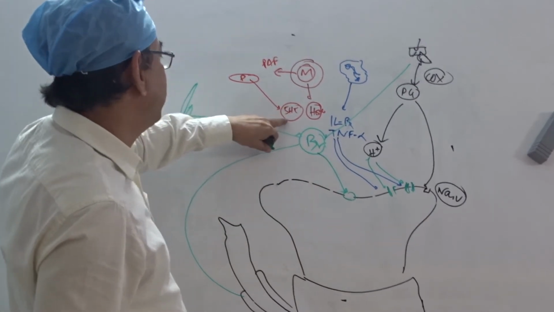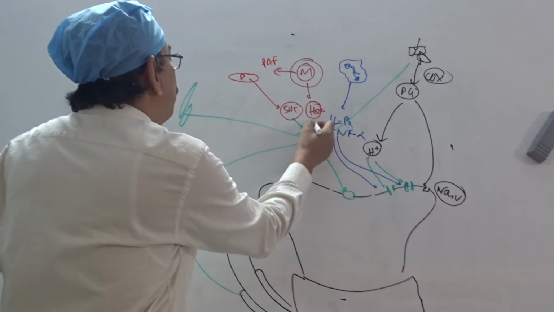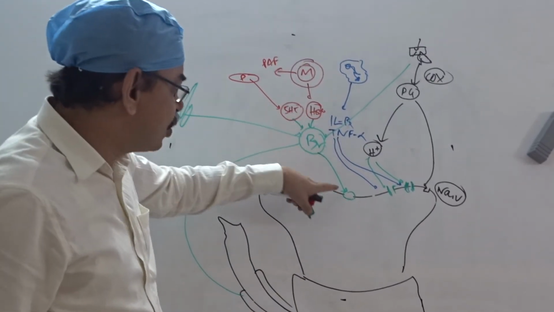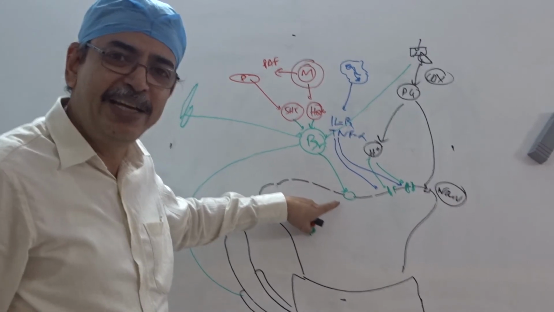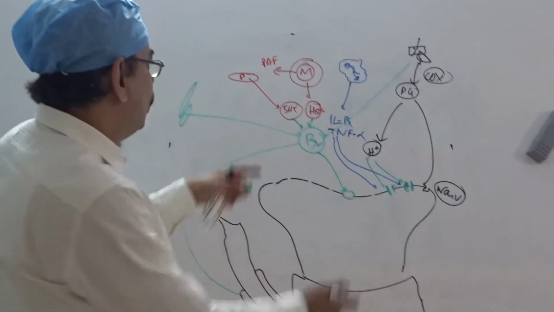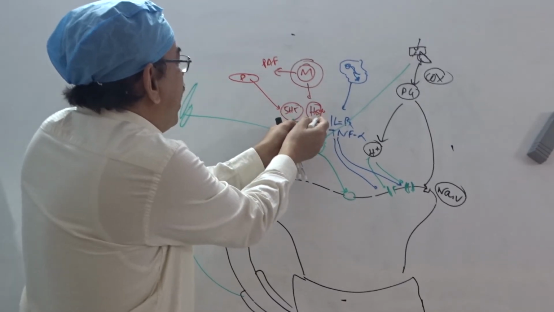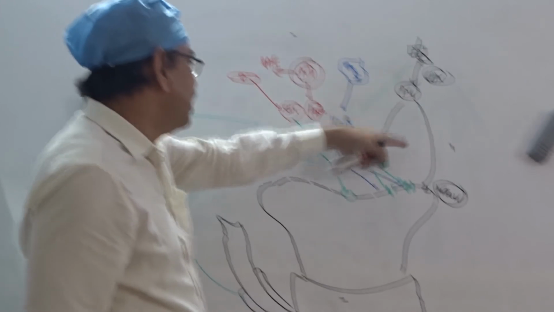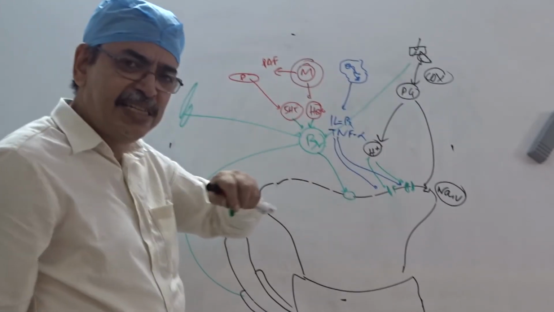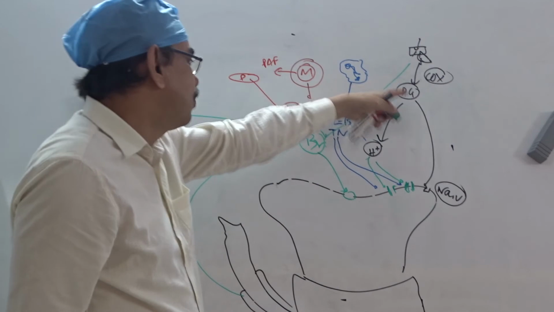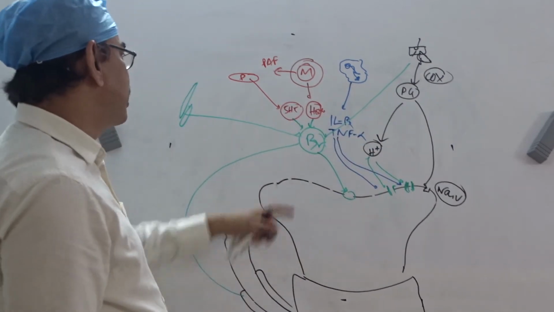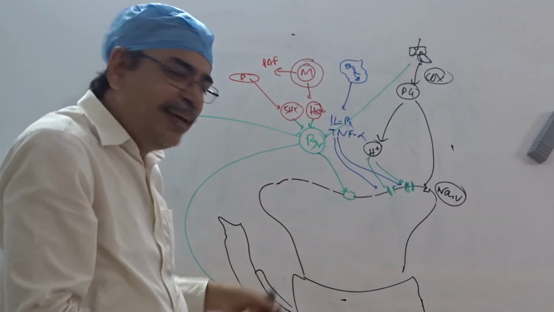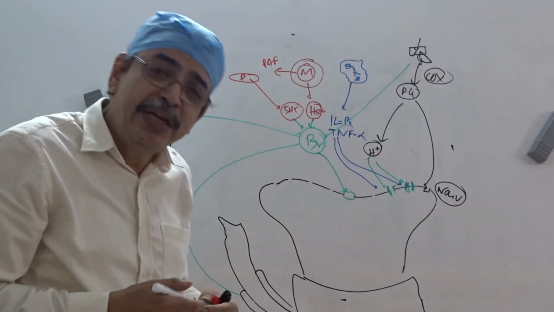So we know 5-hydroxytryptamine and histamine both also make the bradykinin more powerful. They also sensitize this receptor so that bradykinin can act better. So 5-hydroxytryptamine and histamine assist bradykinin. And also, we can understand these acids, these protons, the prostaglandins, the bradykinins, 5-hydroxytryptamine, histamine, all come into play as chemical energies.